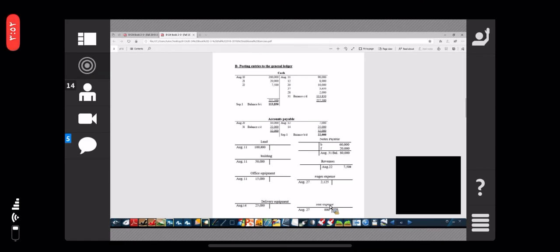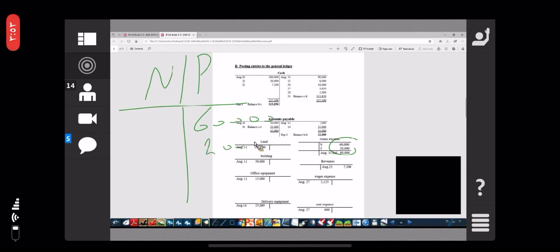So for examples, notes payable: 60 and 20. So the credit will be 80 and the debit will be 0. So we will say the balance will be credit, and the amount will be 80,000.